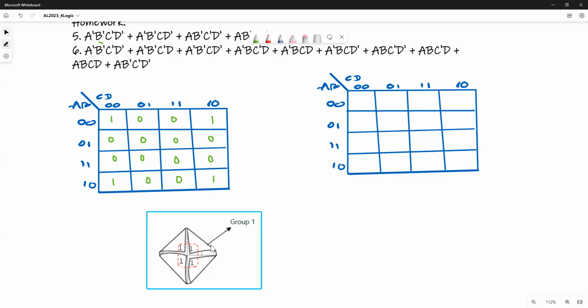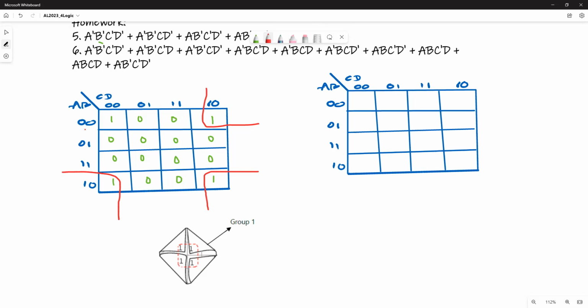So we said you can actually put these row, make it a combination. So that means you can combine this one, this one, this one, and this one. Yes.